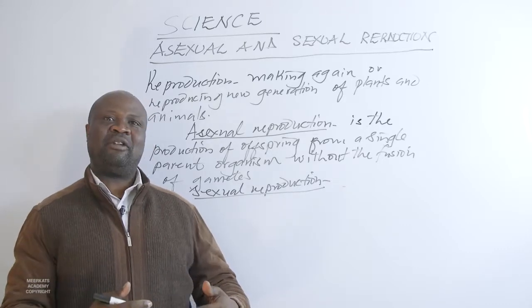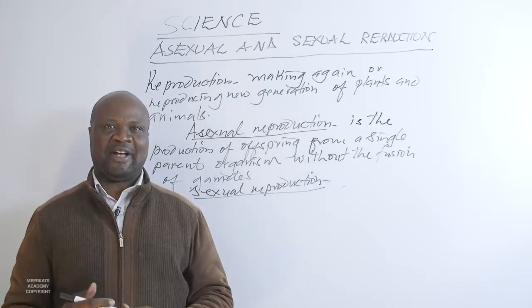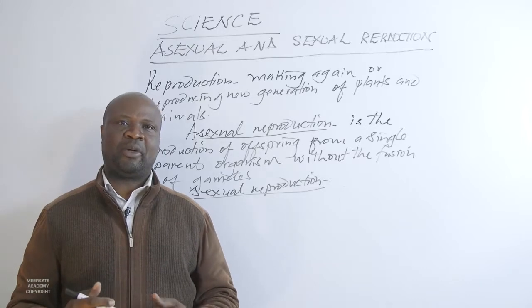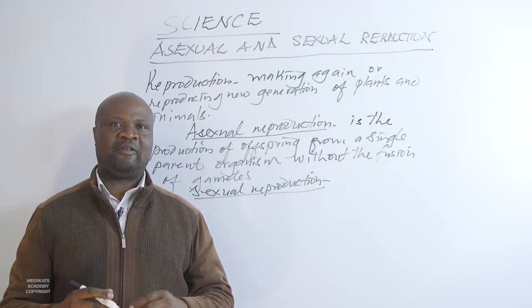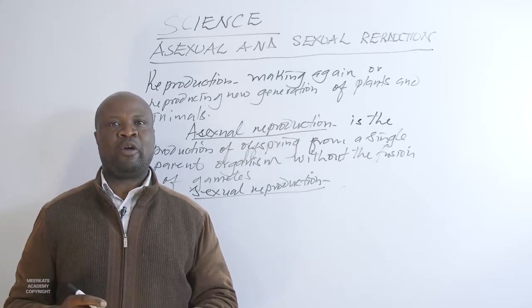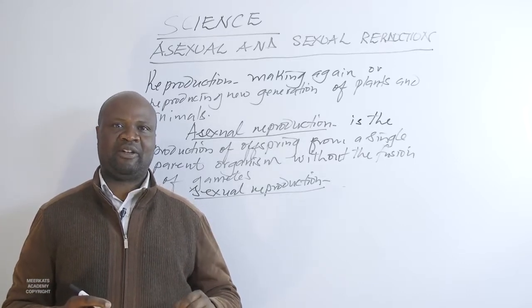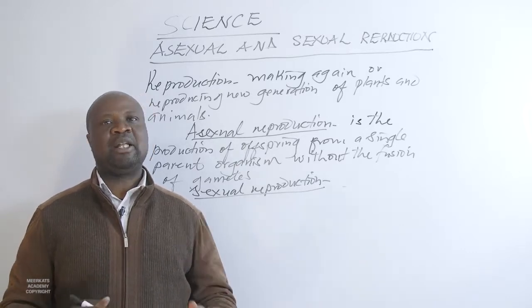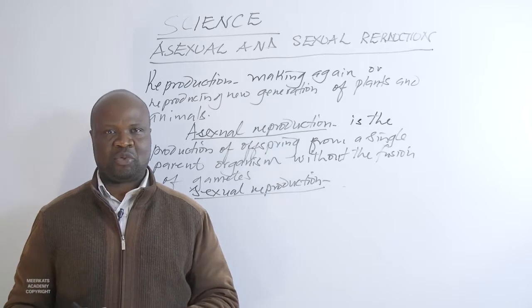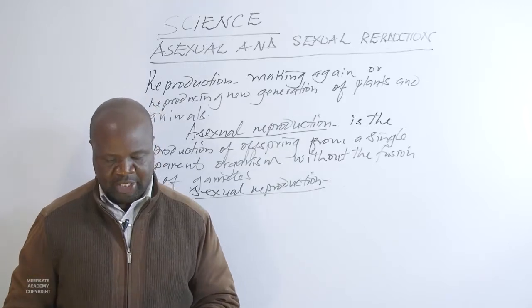Once we have enumerated our basic facts, then we shall go ahead and first concentrate on sexual reproduction in plants. When we are through with sexual reproduction in plants, then we shall go to asexual reproduction also in plants.